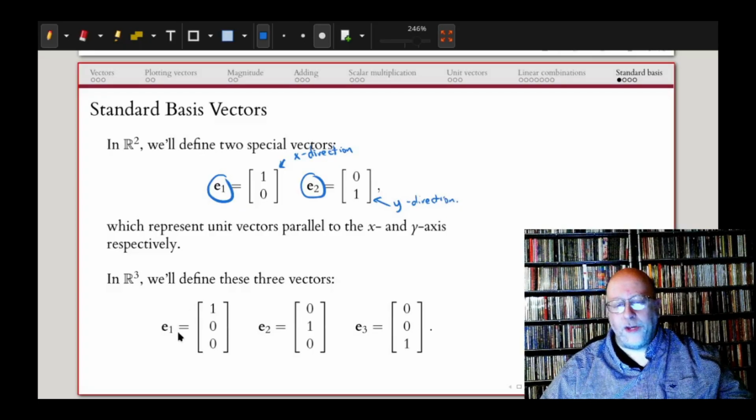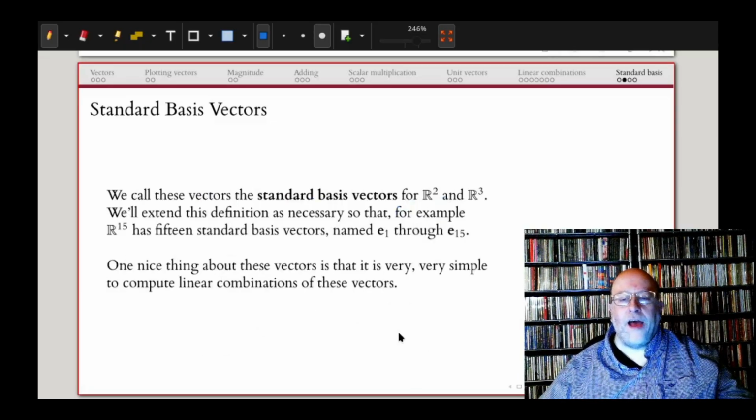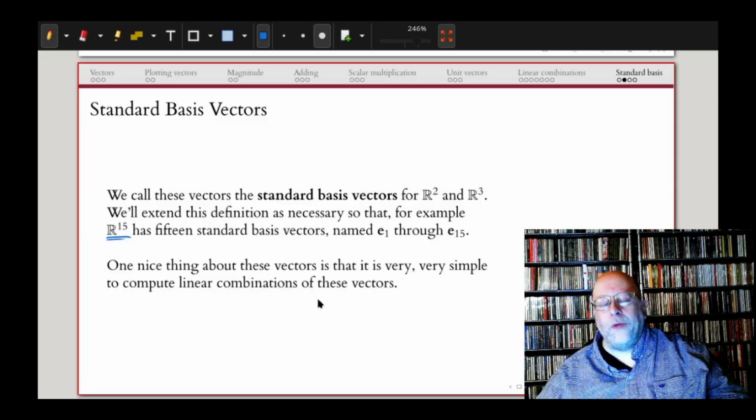In R3, we'll define three vectors, E1 and E2 and E3, representing 1 unit in the x direction, 1 unit in the y direction, and 1 unit in the z direction. And in fact, we'll extend this definition however necessary, so that if we're in R15, we'll have 15 of these vectors numbered E1 through E15. We call these the standard basis vectors.